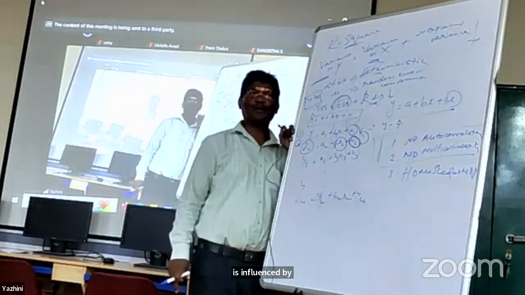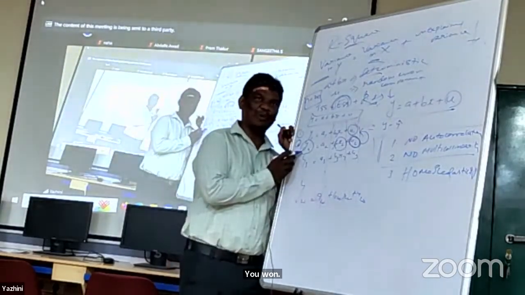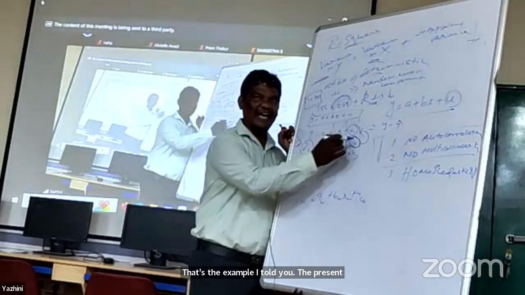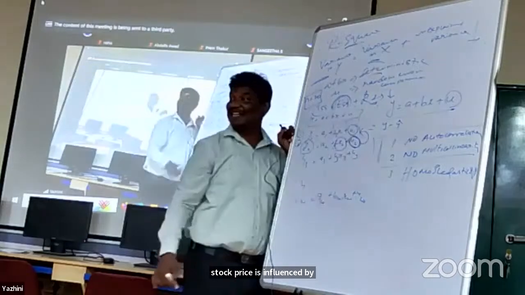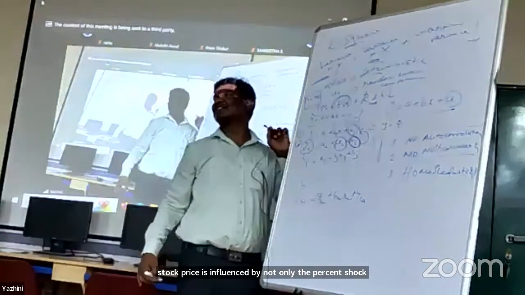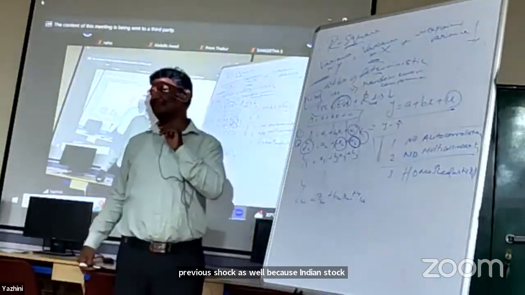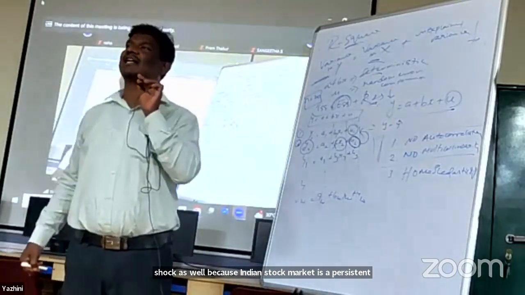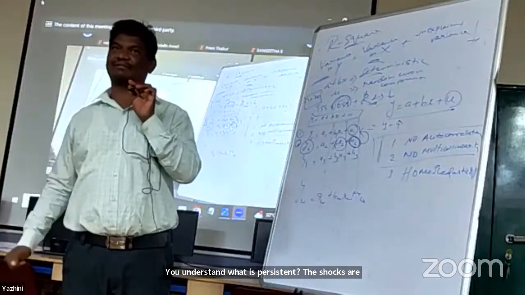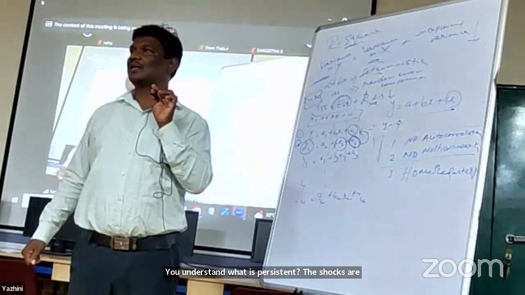The best example I told you: the present stock price is influenced by not only the present shock but the previous shock as well, because the Indian stock market is persistent. You understand what is persistent? The shocks take a long time to die out in the stock market. Understand?